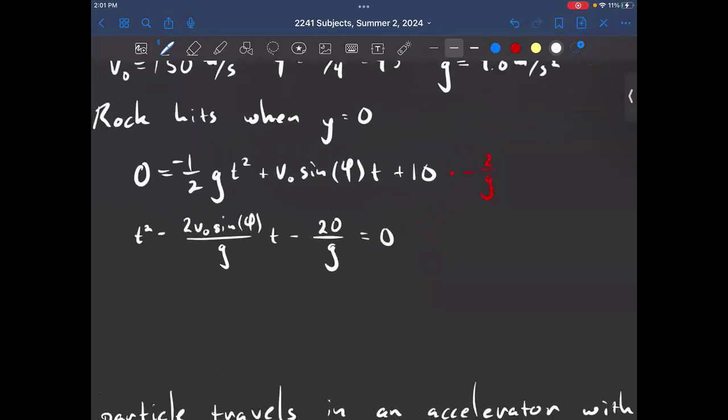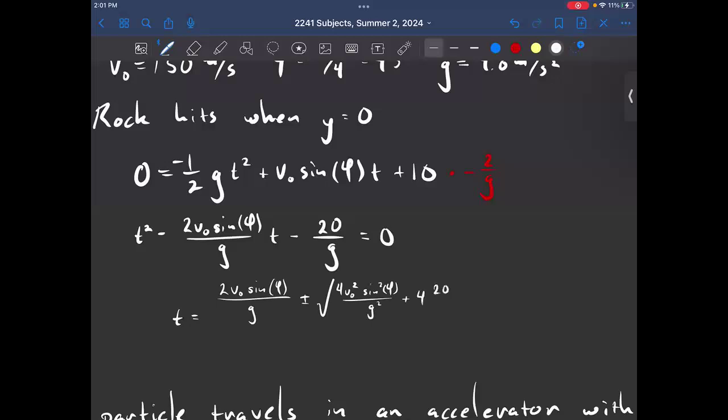Well, unfortunately, that's going to require the quadratic formula, but let's go ahead and write it out at least. So we have t equals 2v0 sine of phi over g plus minus the square root of 4v0 squared sine squared of phi divided by g squared minus 4 times negative 20 over g.